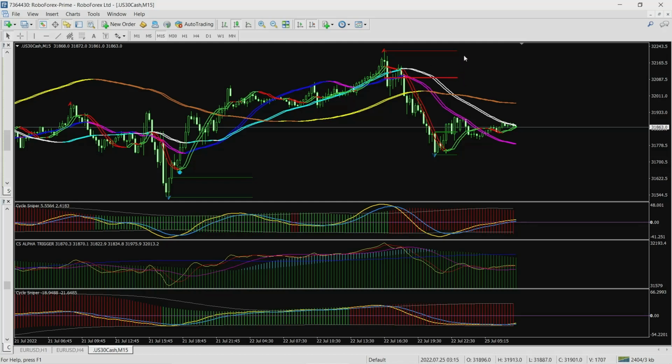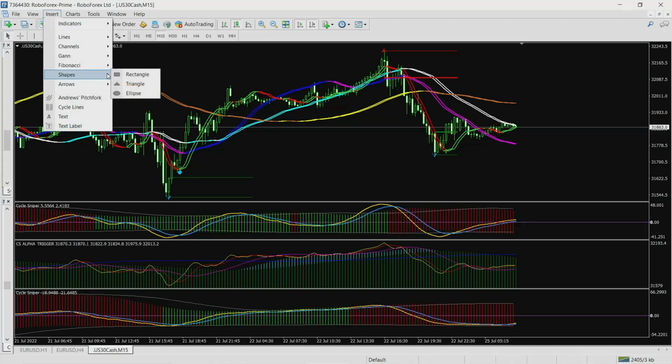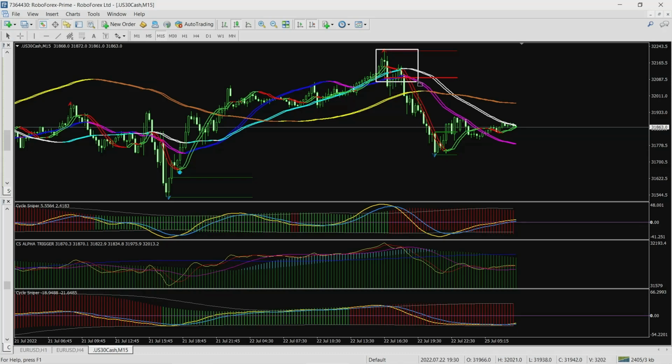Smart Cycle Order Blocks here. Alpha Trigger crosses down Cycle Sniper. The other one is also almost overbought. Price closes below all the Beta Bands.